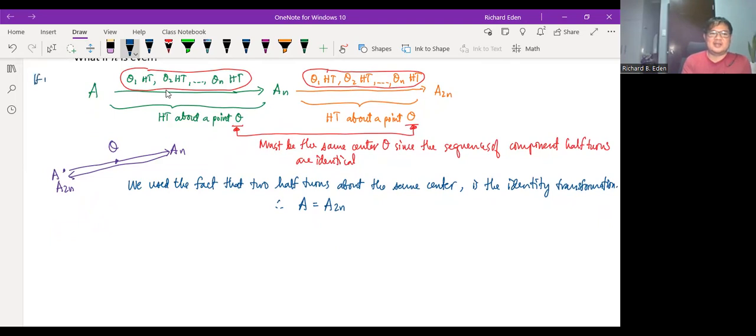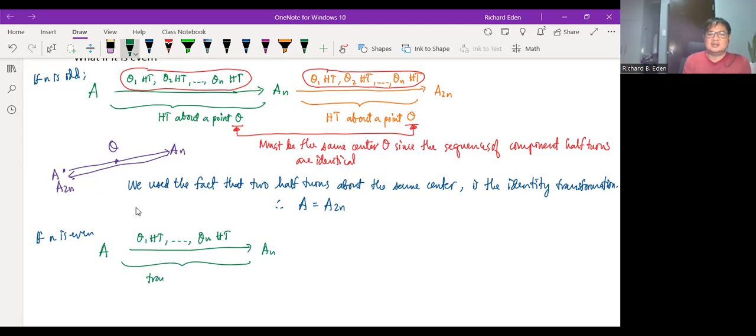So if n is even, when you start with A and do O1 half turn until O sub n half turn, you'll get A sub n, but that's the same as doing a translation along a vector v.